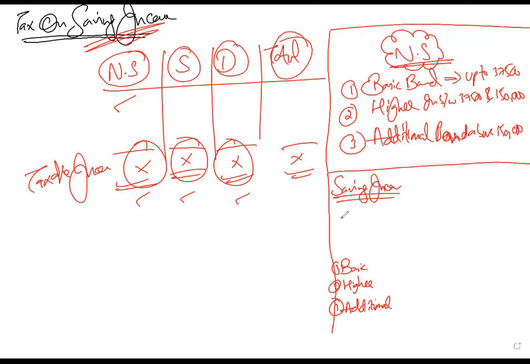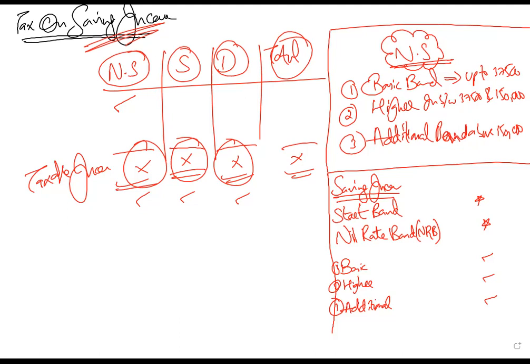The first one will be the start band, and the second one will be the nil rate band, the short form of which is NRB. These two bands, start band and NRB, are in addition to what we learned in non-savings. In non-savings we have three bands, but in savings income we have a total of five bands.